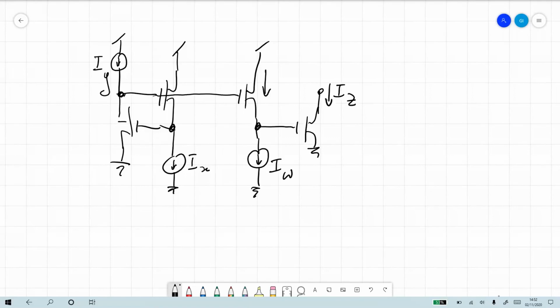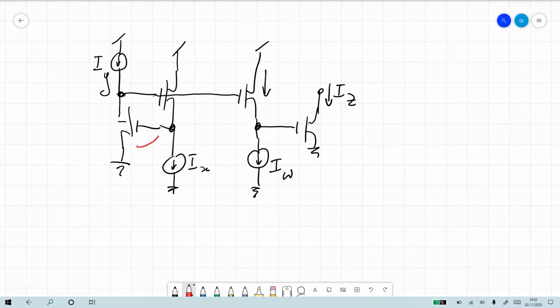Okay, now all of the things we discussed about today will start to come together. So let's look at the VGSs. And if you remember the translinear loop, whenever the sum of the VGSs is equal to 0, the product of the currents is equal to 1, just because of the properties of the exponential. I hope this is still clear in your mind.